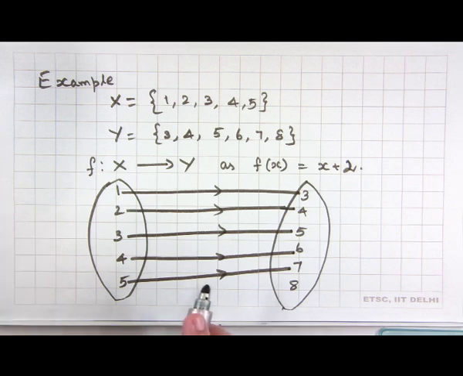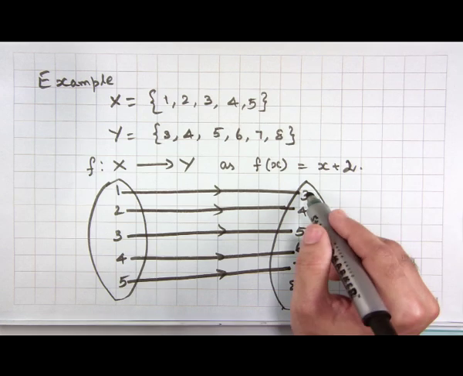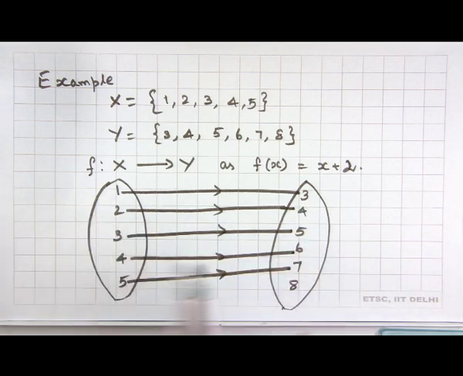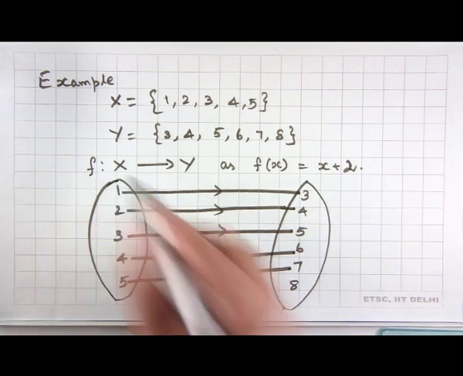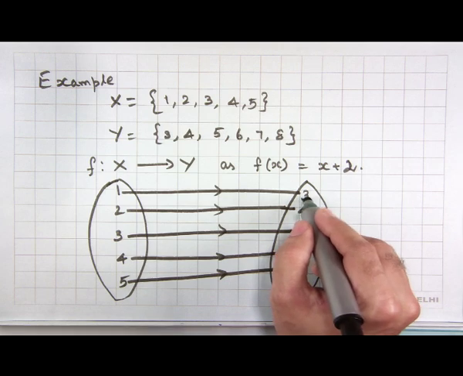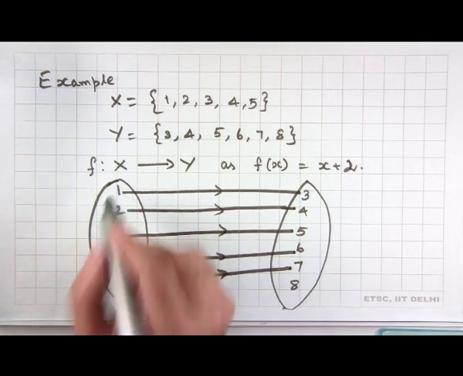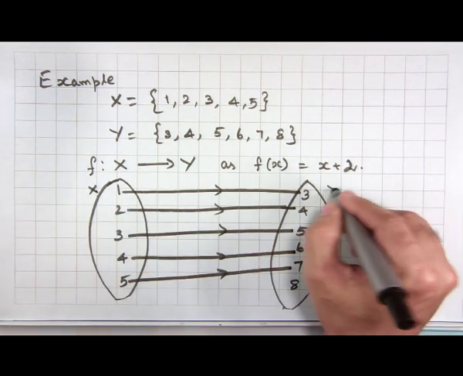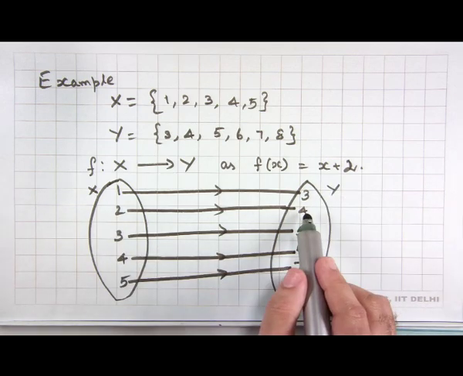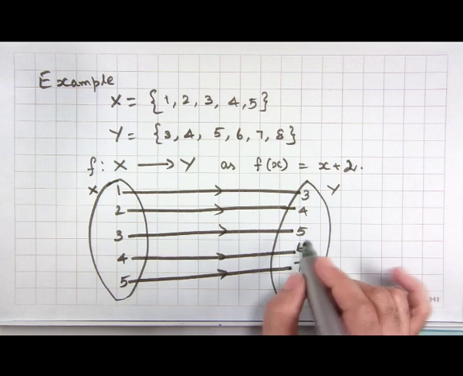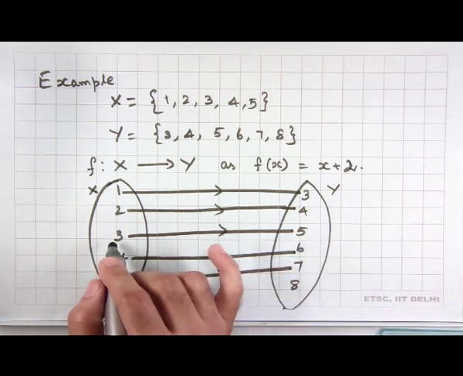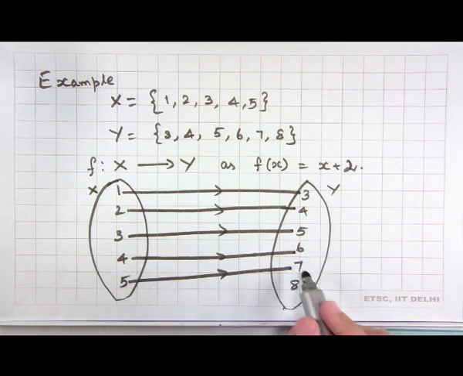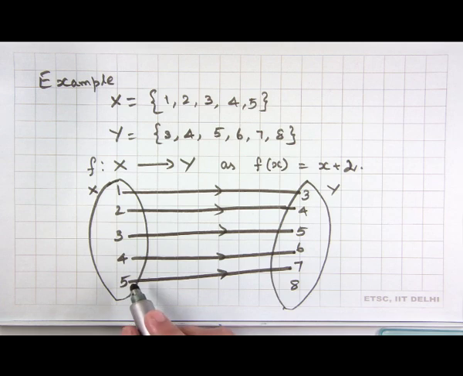Here you can notice that each element in the range, that is 3, 4, 5, 6, 7, has got a unique pre-image. So, the pre-image of 3 is exactly 1 and there is no other element of X which gives rise to 3 via this f, and similarly for 4, 2 is the only pre-image, for 5, 3 is the only pre-image, for 6, 4 is the only pre-image, and for 7, 5 is the only pre-image.